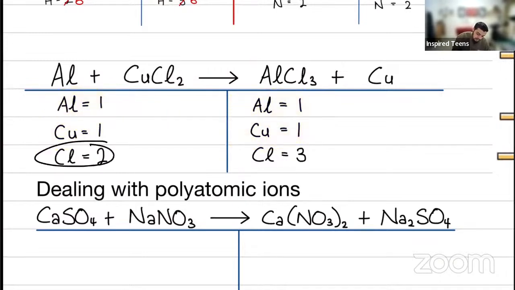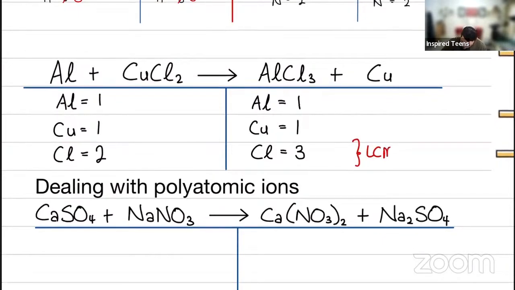Chlorine, we have 2 on the left and we have 3 on the right. What we could use in this case is the LCM, the lowest common multiple between 2 and 3, because we can't directly convert 2 to 3. There's no whole number that I can multiply 2 by to get to 3. I can just add 1, but we don't add here, we multiply.